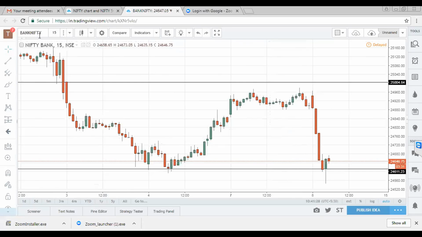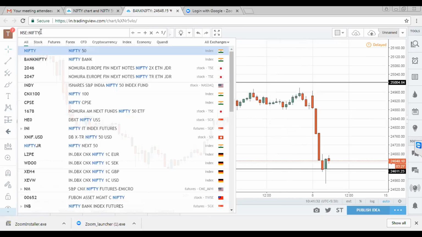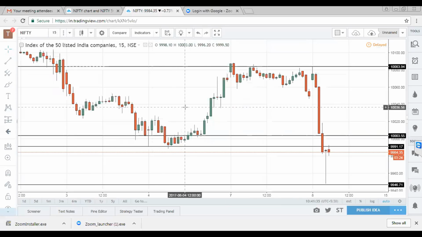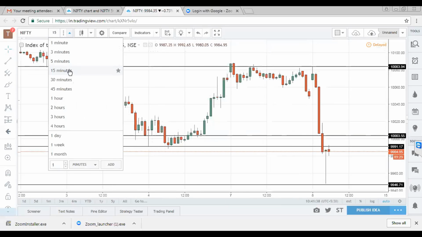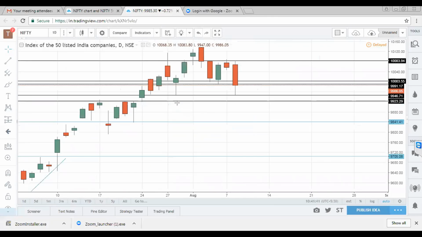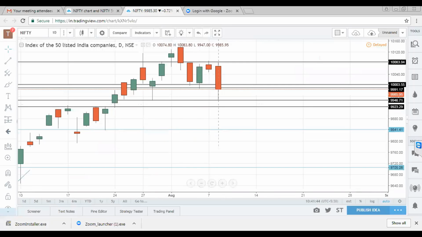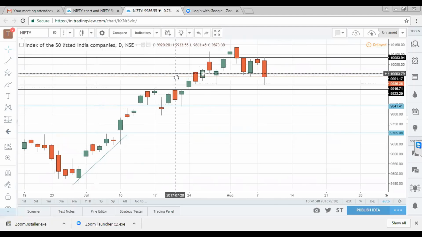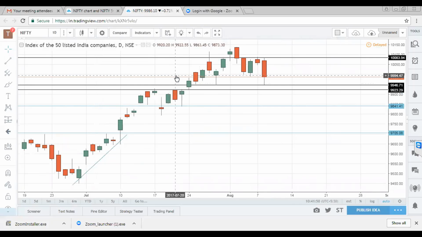So this is Bank Nifty for you, and similarly we can have a Nifty chart once again and see, take a print screen so that I can send it out, looking for our support levels. Okay, so these are our basic support levels. Let me remove some of the lines so things become clear. So our support level is roughly around 9950 and 9920.